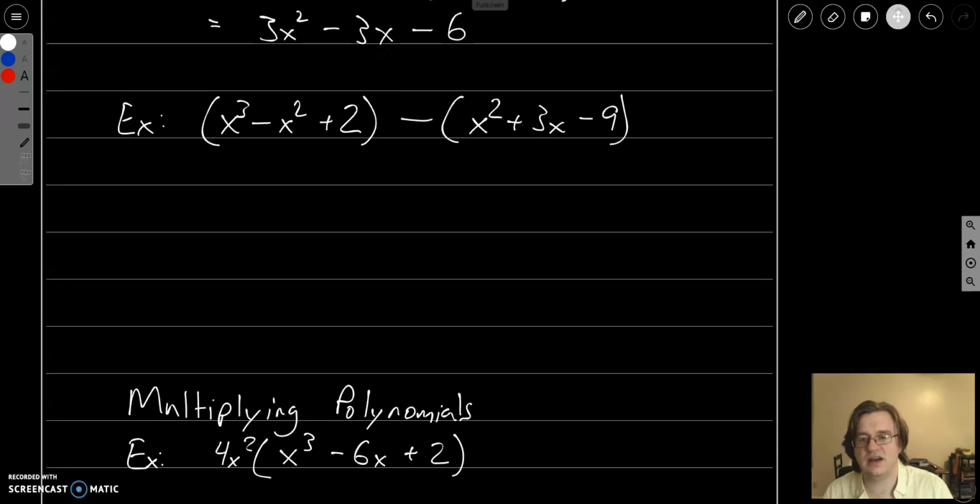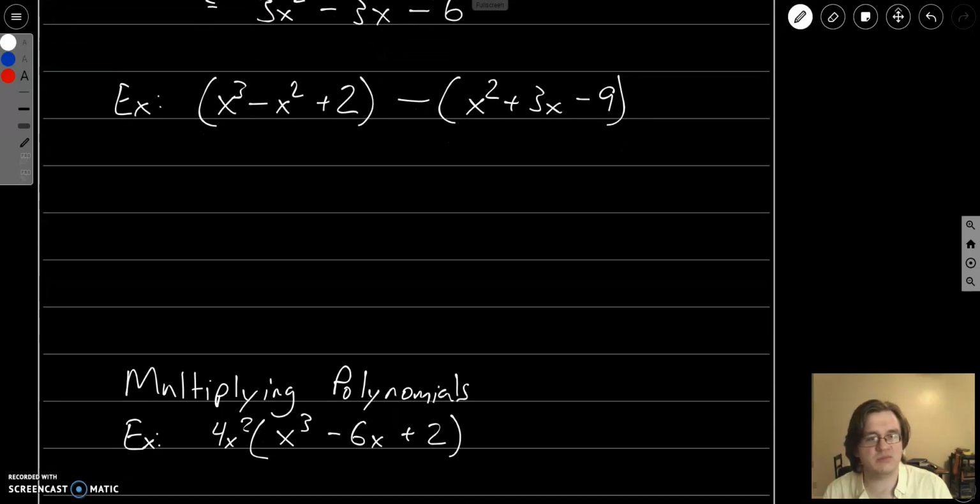So the next example will be subtracting polynomials. Just keeping in mind that we'll have to distribute this negative sign as we subtract each thing in the second polynomial. So again, I will turn everything here into adding. So the first term will be x cubed plus negative x squared plus 2.